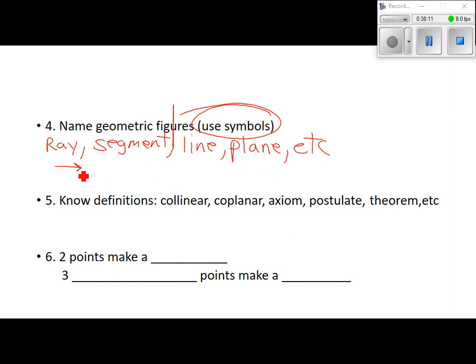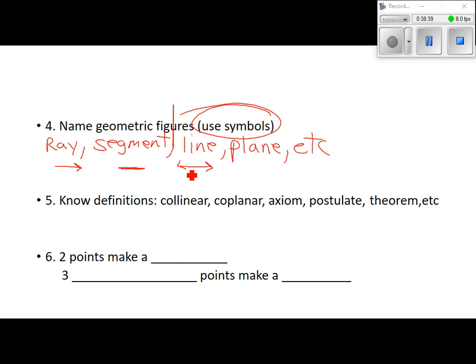How many letters to name a segment? 2 also. How many letters to name a line? 2 also. So you got to know the difference. What's the symbol for a segment? Something like that. Symbol for a line, something like that. And the symbol goes above the 2 letters. How many letters to name a plane?